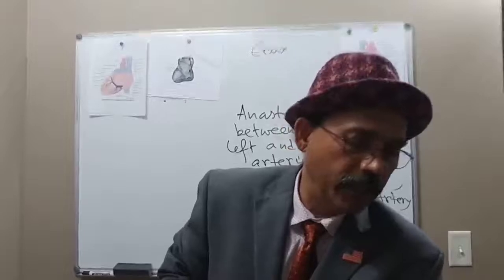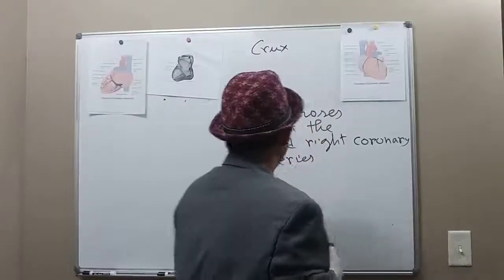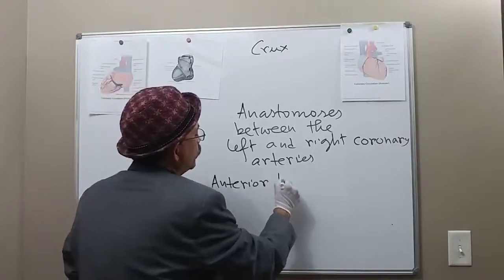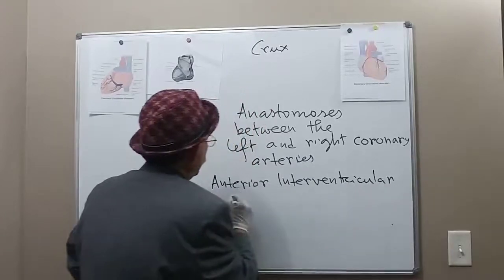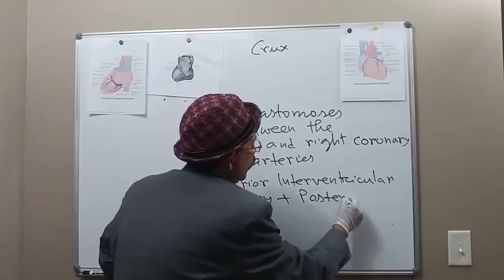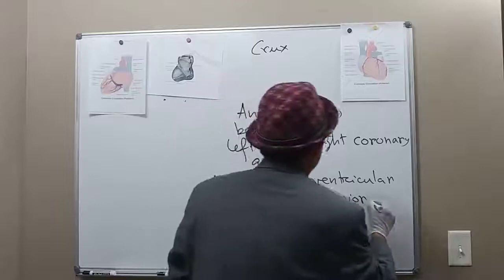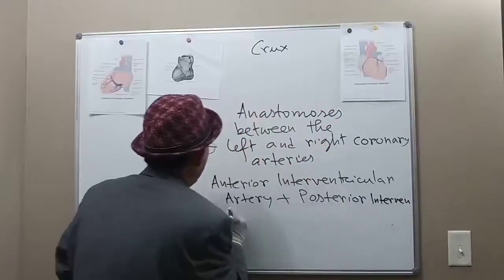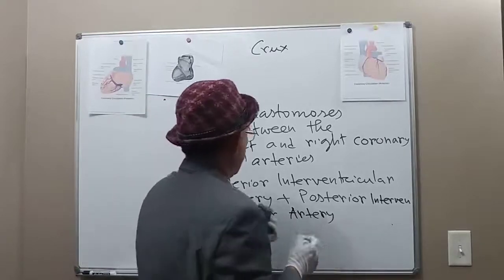So there may be an anastomosis between the anterior interventricular artery and posterior interventricular artery along the inferior border of the heart, close to the apex. Okay, there might be anastomosis.